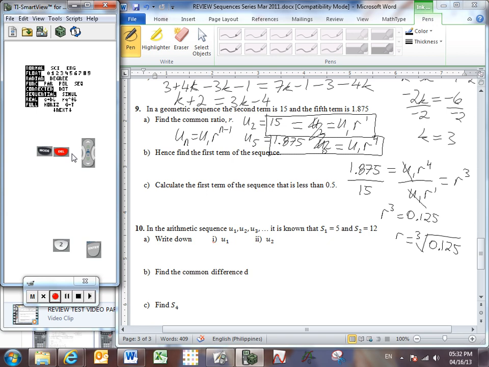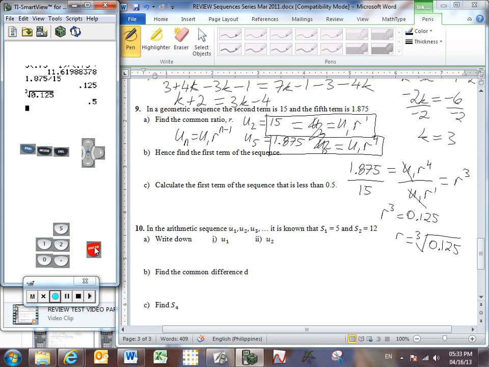Gosh, this is difficult. Second quit. So I want then, this is brutal. This cube root of, that's what I want to replace with a 0.125. And phew, there we go.